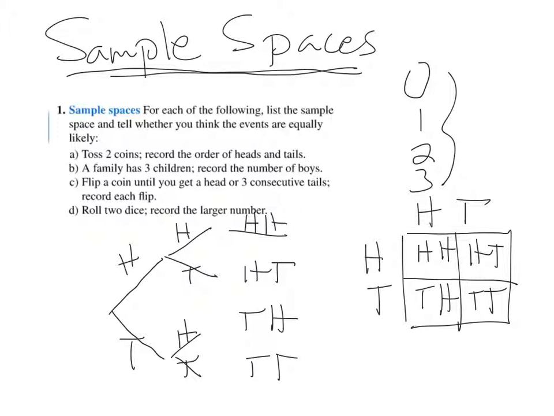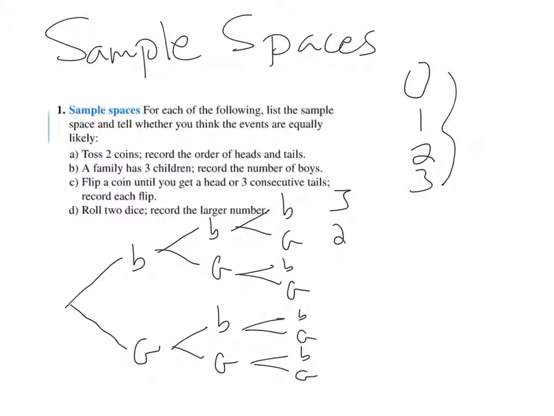Now, are those equally likely to happen? I decided to make a tree diagram to answer this question. So here is the first child, here's the second child, here's the third child, and all I'm doing is tracing out these paths and writing down how many boys there are, and then we're going to see if they're equally likely.